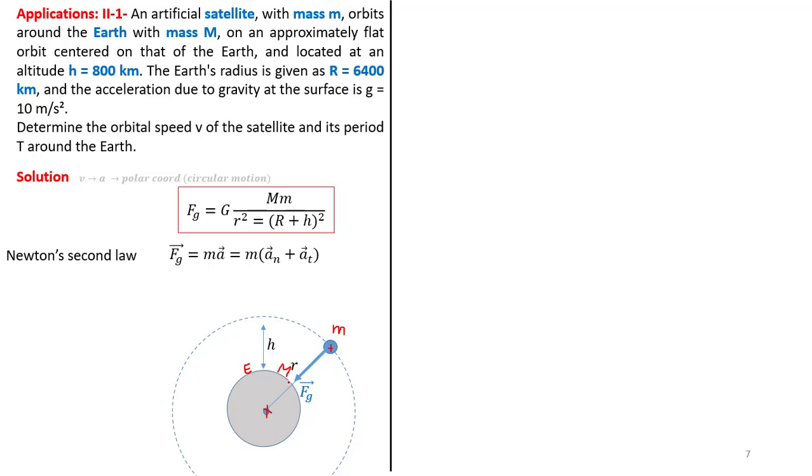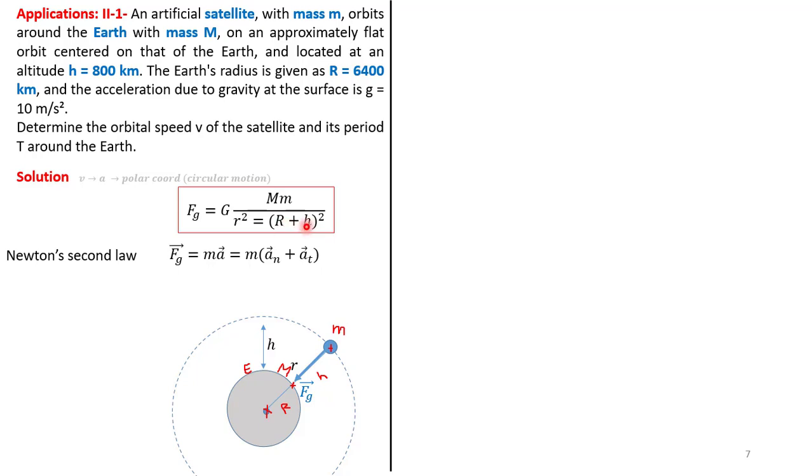This distance is called small r, and this is equal to the radius of the Earth plus the altitude h. That's why I wrote that Fg is equal to G M times small m over the distance separating the two masses squared. So the distance separating the two masses is r plus h.